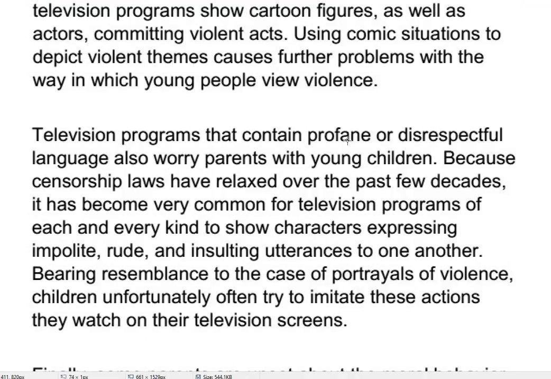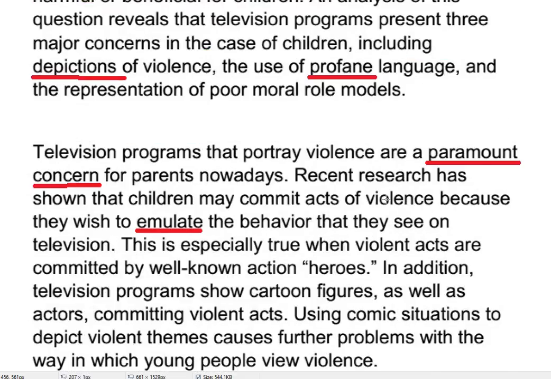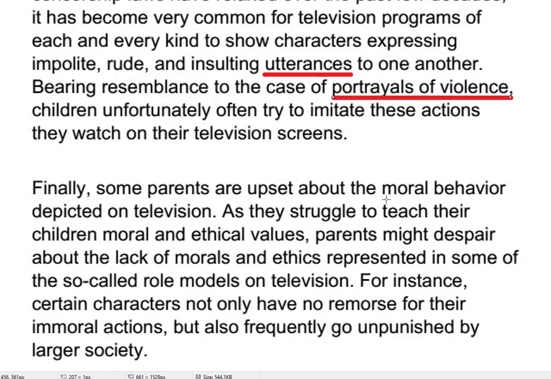Profane's repeated. Insulting utterances. Taken by itself, utterance is good. Oh, portrayals of violence. Did you see portray before? No. Okay.